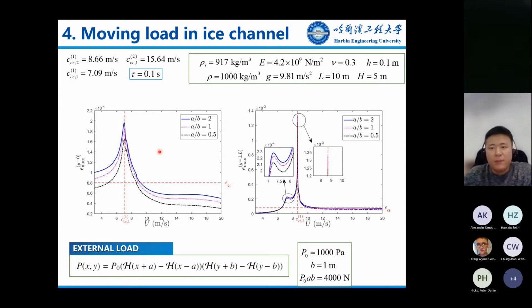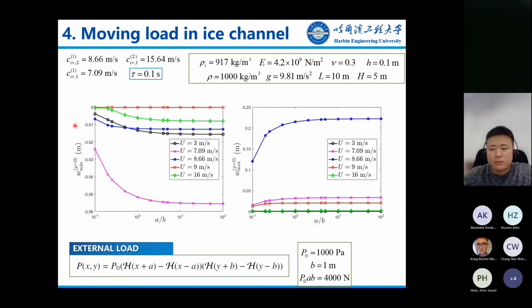In terms of the maximum strain along the center of the channel and the channel walls for these three different aspect ratios of the load, we can find that the ice breaking ability of a load could be affected by the aspect ratio of the load, but the optimal ice breaking speed will not be affected by the aspect ratio of the load. Then, we further analyze the influence of load aspect ratio on the ice breaking ability of the load.